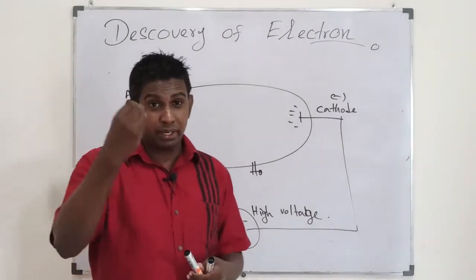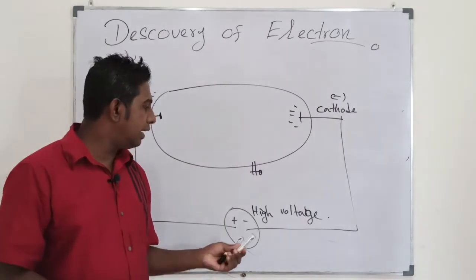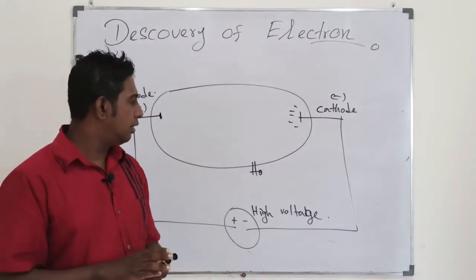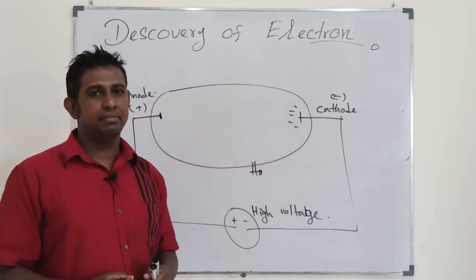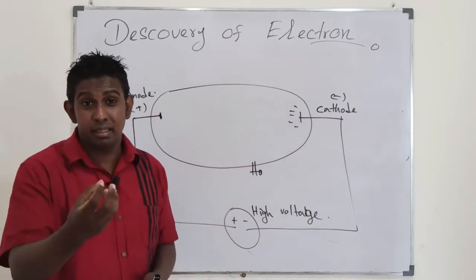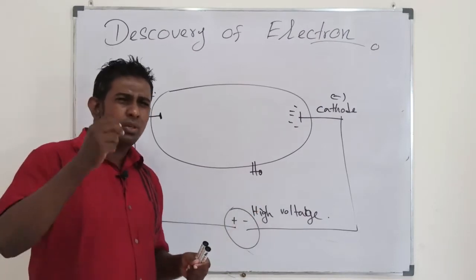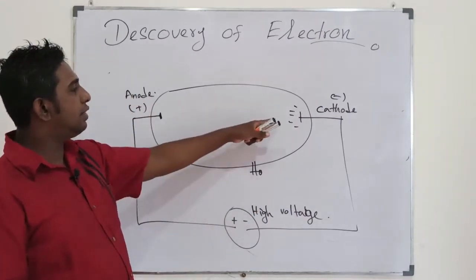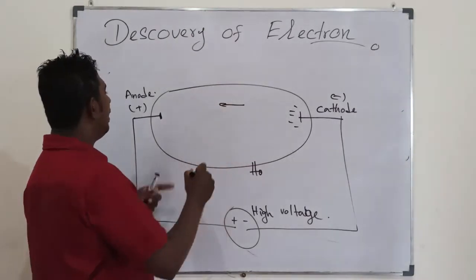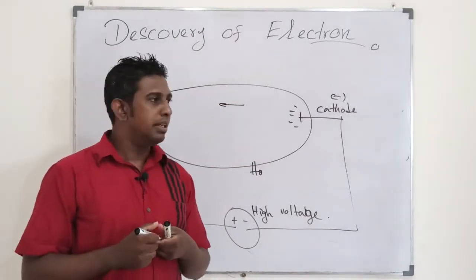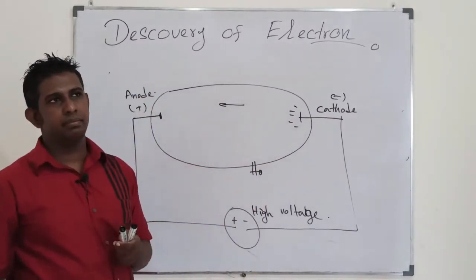When he further reduced the pressure inside the tube with the high voltage applied, he could see that this glow was traveling towards the anode, resulting in a dark region in between.